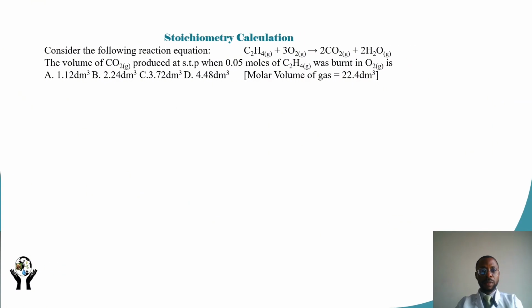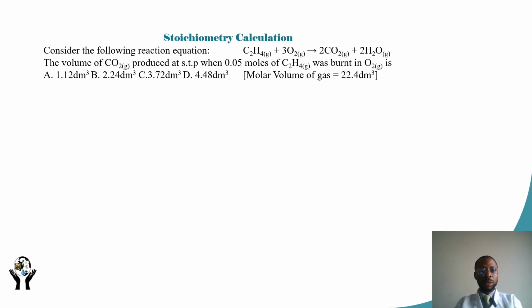This says you are given that equation, and the question says find the volume of CO2 produced at STP when 0.05 mole of ethane was burnt in oxygen. So it's about the volume of CO2 that was produced when 0.05 moles of ethane, C2H4, was burnt.